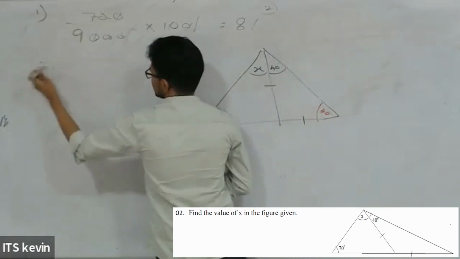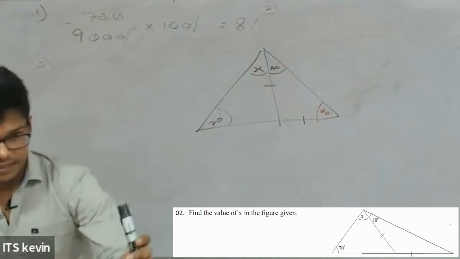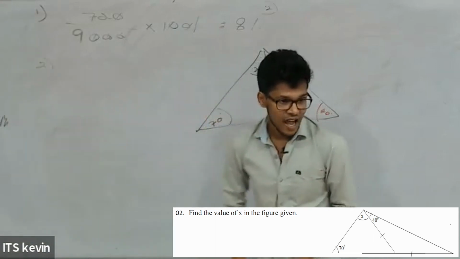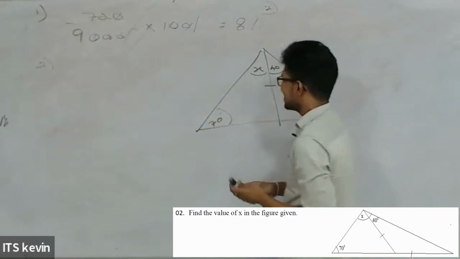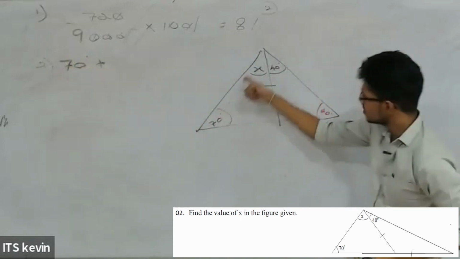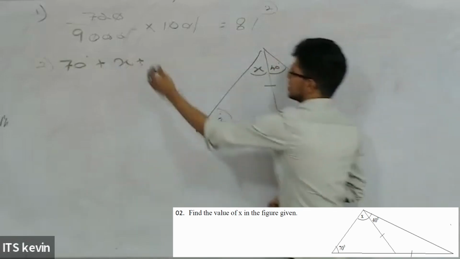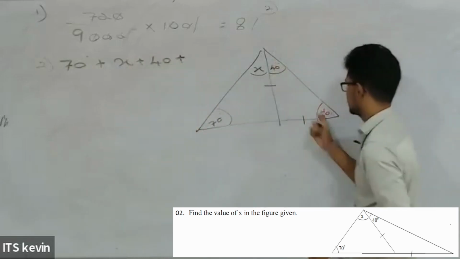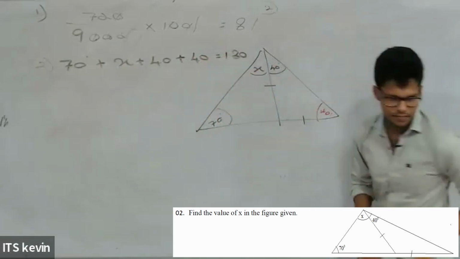Second one, 70. What's your name? Argam. Okay. All right. So 70 plus this angle, x plus 40, plus 40 is equal to 180.